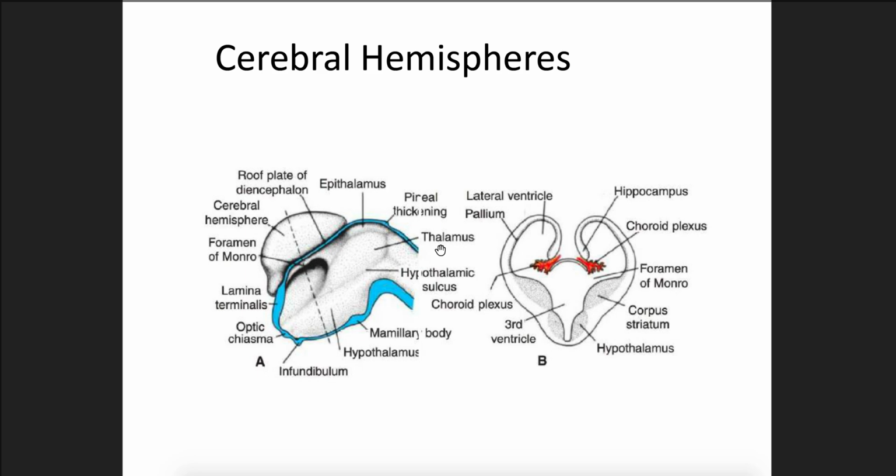Now I'll just go back and show you corpus striatum. This is the part of the cerebral hemispheres which are bulging into the cavity of the third ventricle, and this thickening or development of cerebral hemispheres is known as corpus striatum.